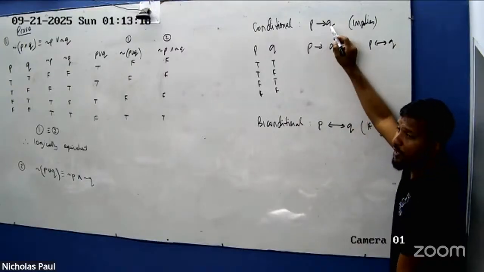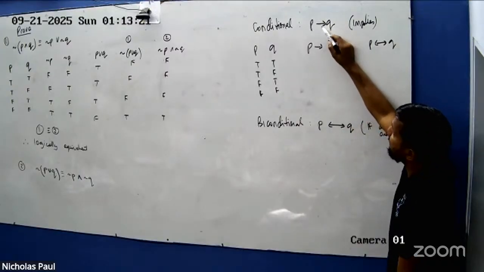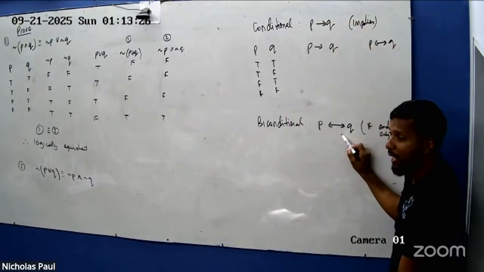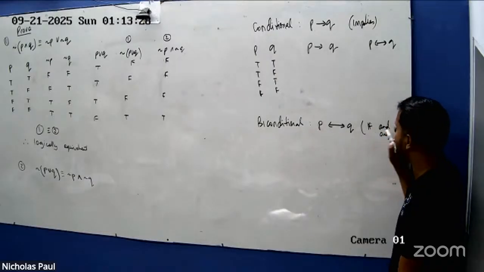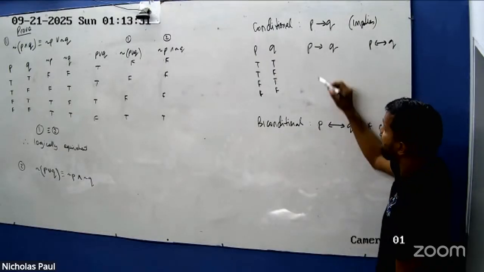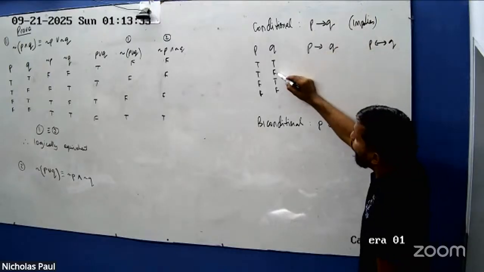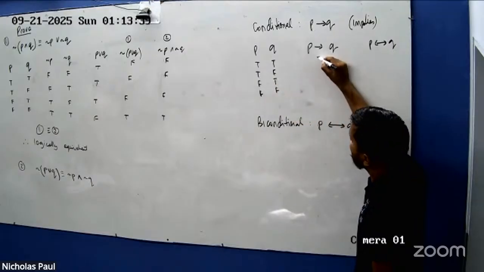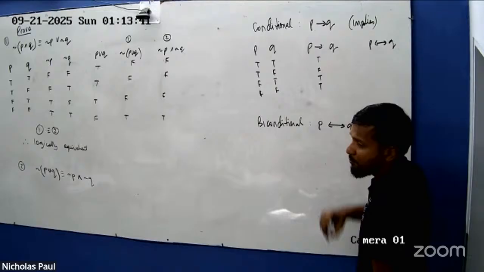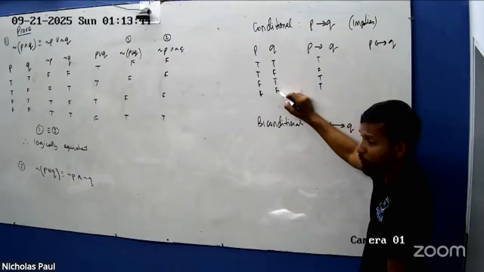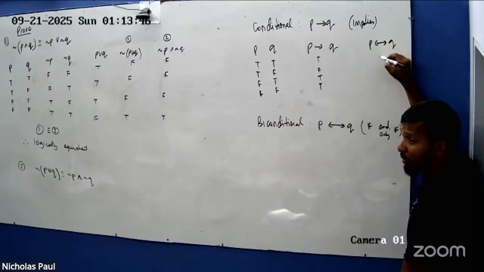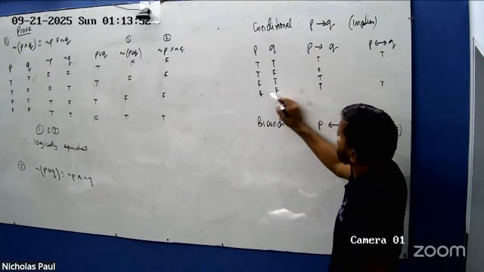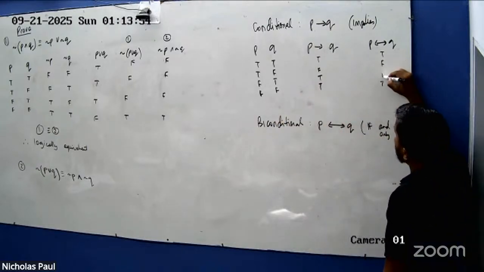Conditional, the worded version for this symbol here, is implies. P implies Q. If you see the double arrow, it means biconditional, it means if and only if. The only time conditional is false is when a true statement implies false. Every other time, it's true. Biconditional, whenever both of them are the same, it's true. True and true, true. False and false, true. Other than that, false.